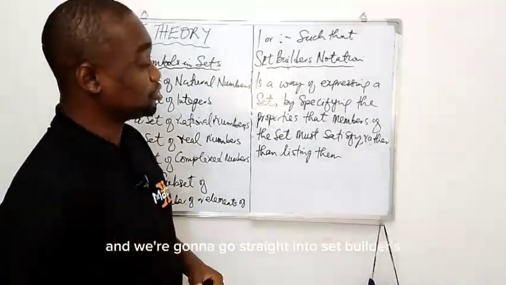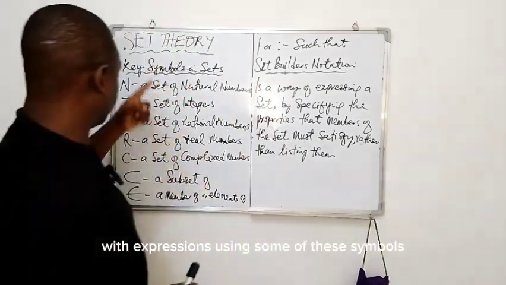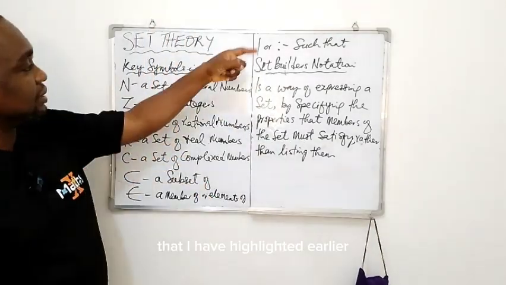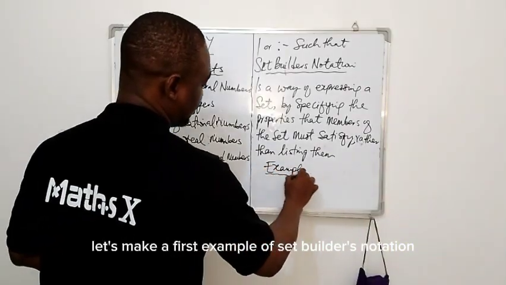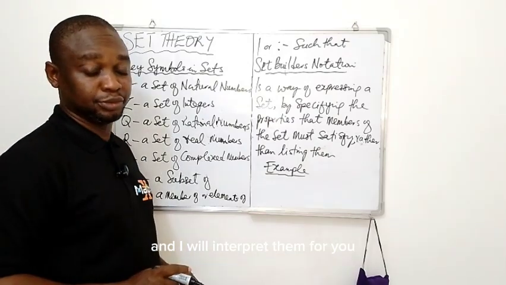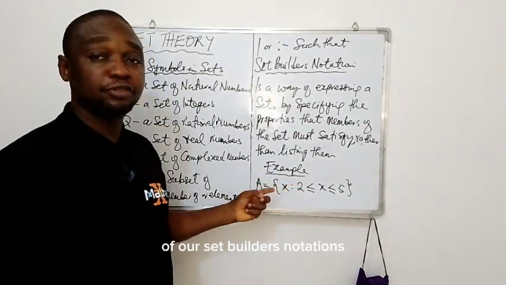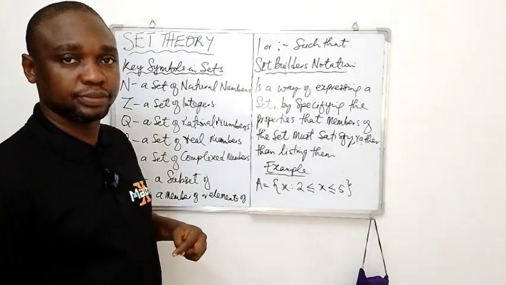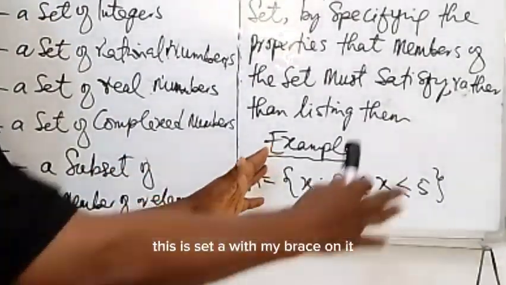And we're going to go straight into set builder notations with expressions using some of these symbols that I have highlighted earlier. Let's make a first example of set builder notation and I will interpret them for you. This is set A with my brace on it.